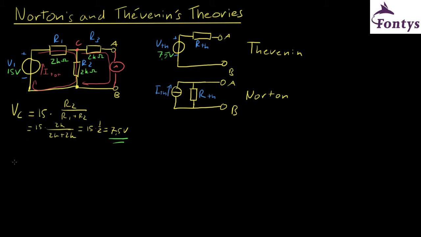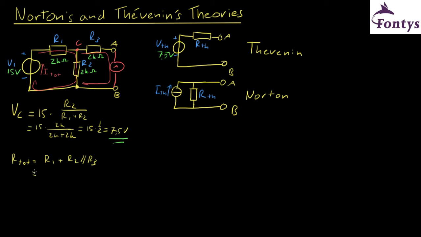So for the total resistance we get R1 plus R2 and R3 in parallel. And since those two resistors are in parallel, the total resistance is half the resistance of each individual resistor, since they are both the same value.